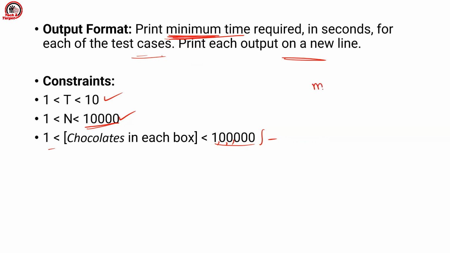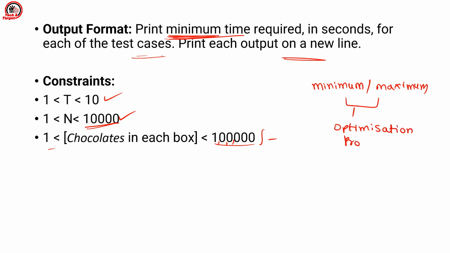Whenever you come across keywords like minimum or maximum or smallest, these are normally called optimization problems, right?